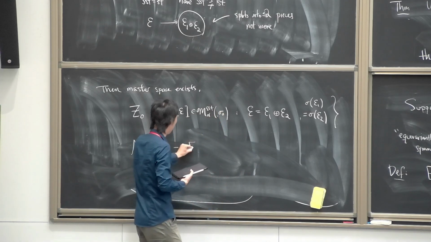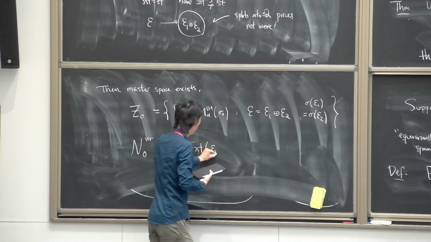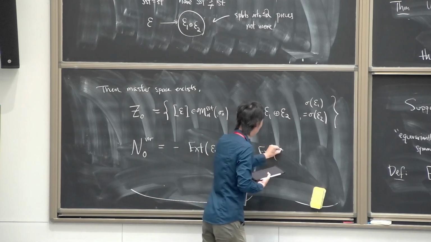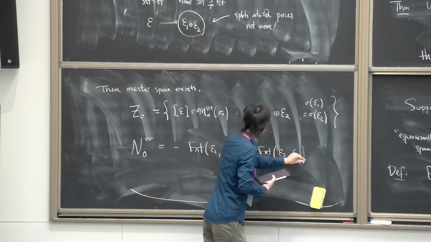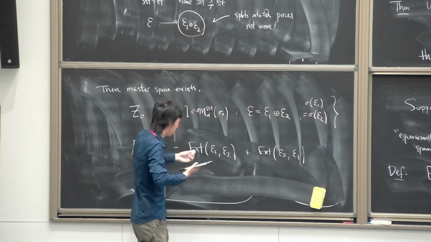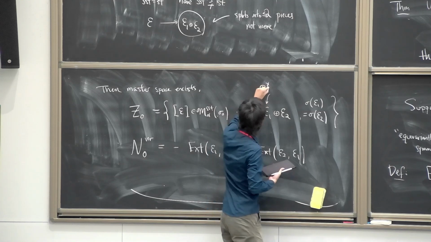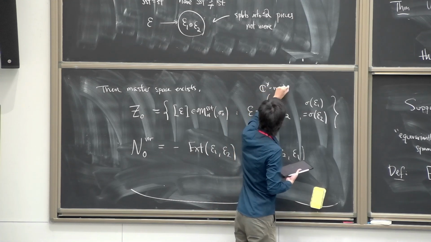So here you're going to have something like Ext of E1, E2 plus Ext of E2, E1. And the way that the C star acts on everything is that the E1 here has C star weight 1.